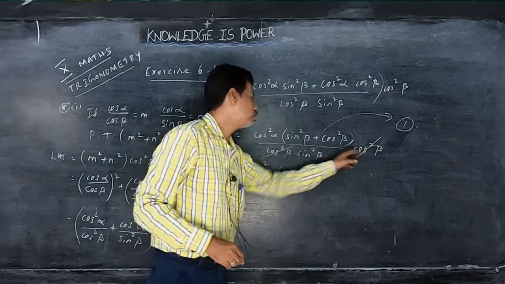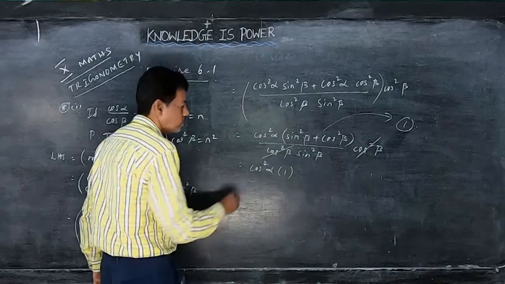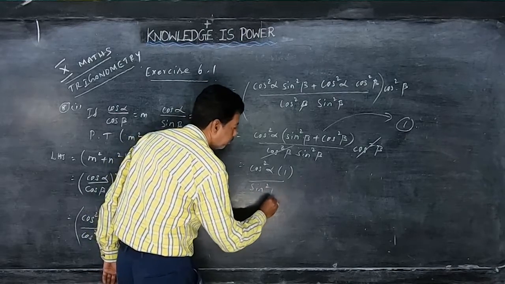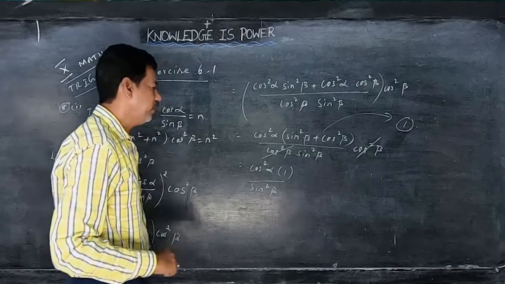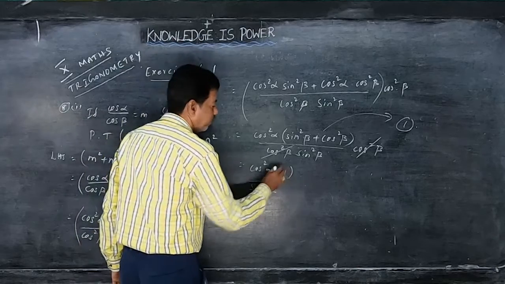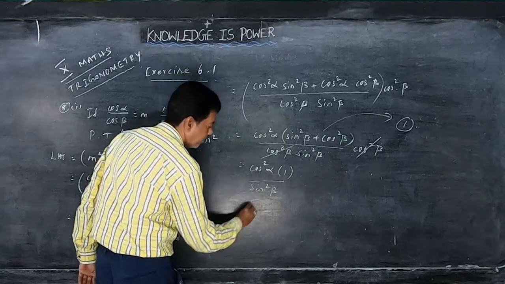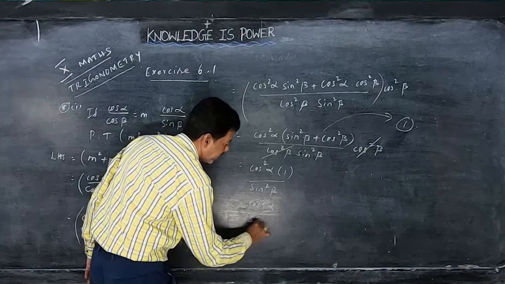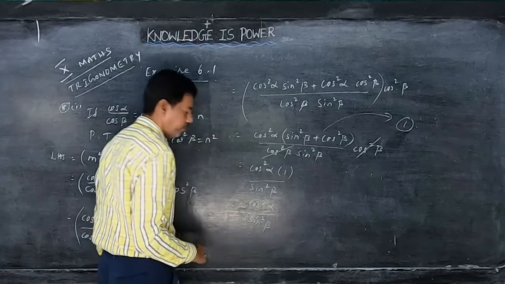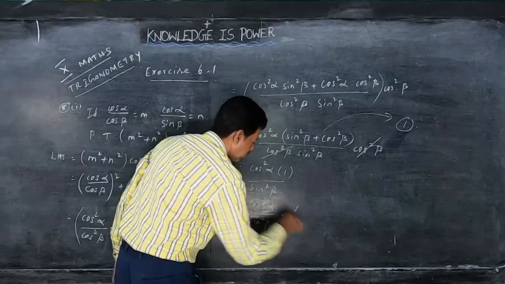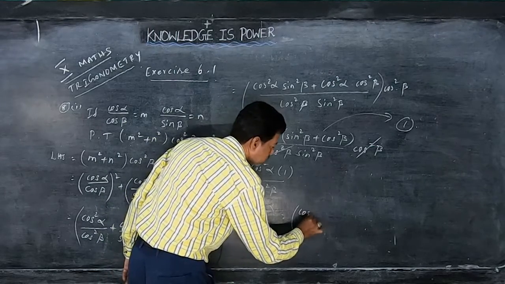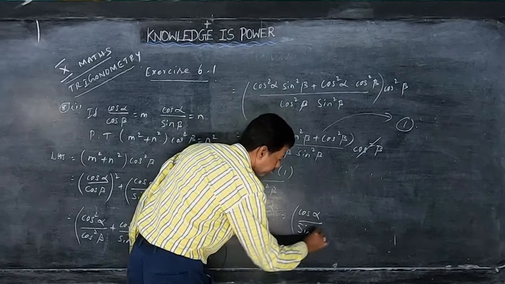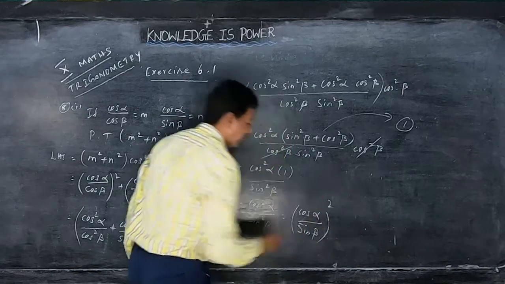What is the balance in the denominator? Sin square beta. Any term multiplied by 1 stays the same. So cos square alpha divided by sin square beta. If you take cos alpha divided by sin beta whole square.